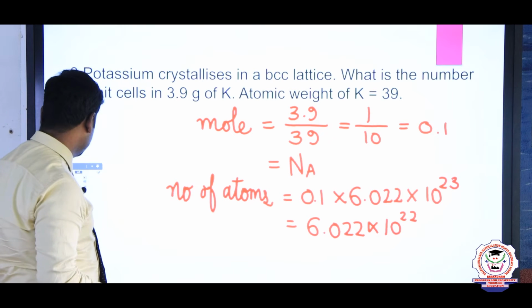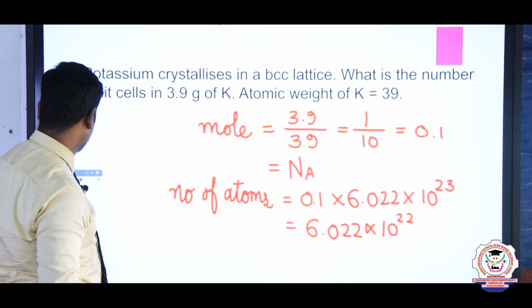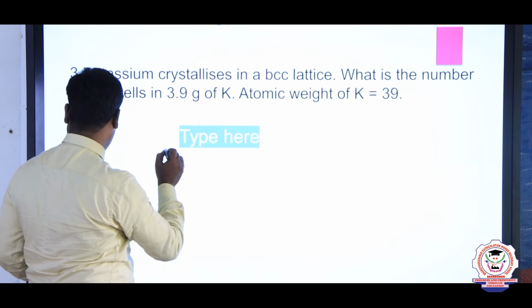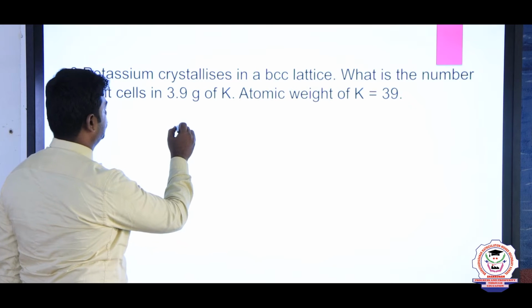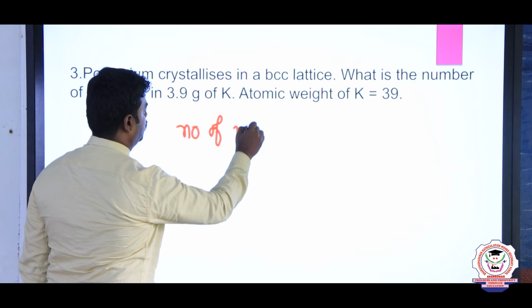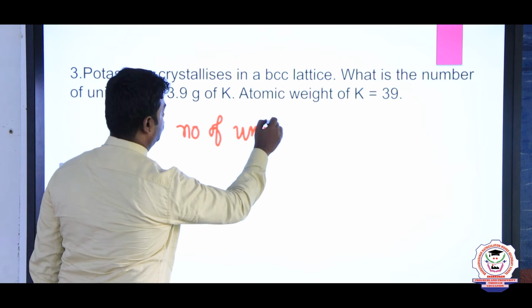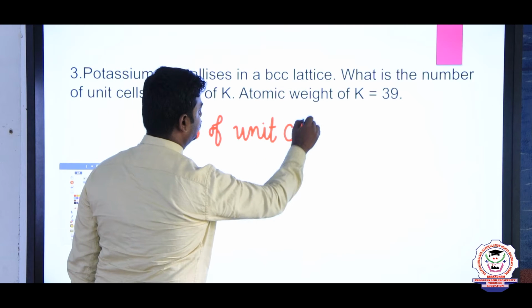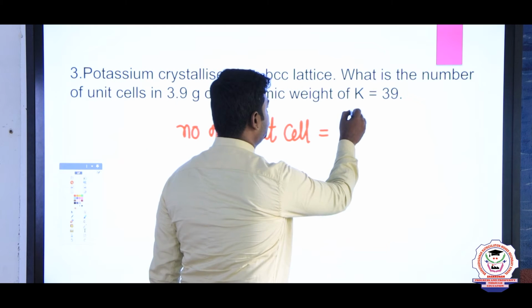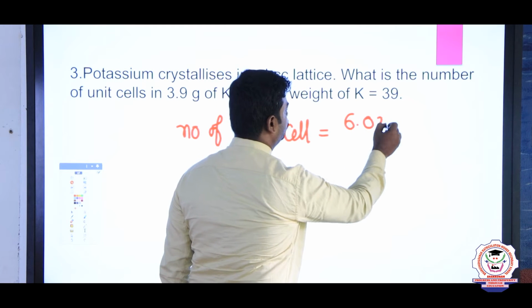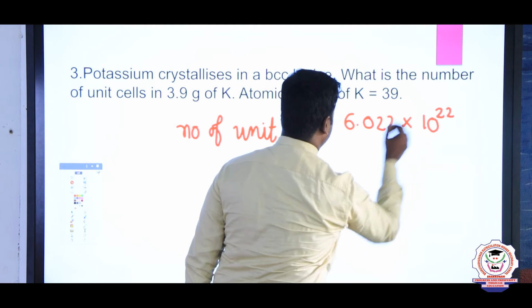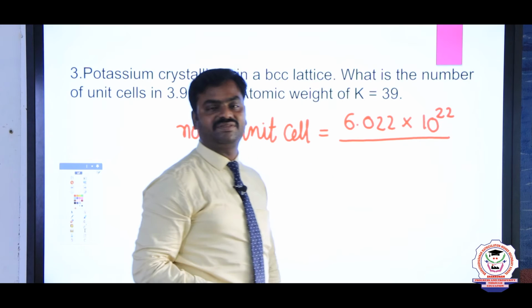So number of unit cells is equal to number of atoms, 6.022 into 10 power 22, which we just found, divided by number of atoms per unit cell.